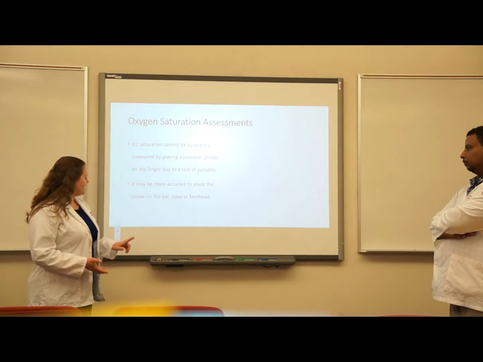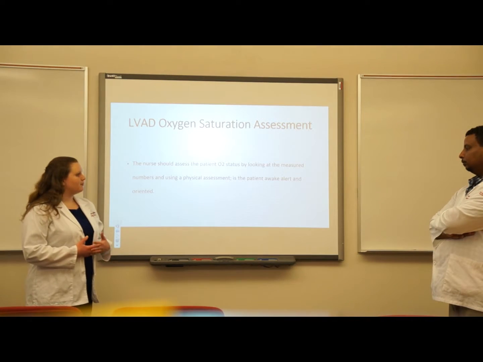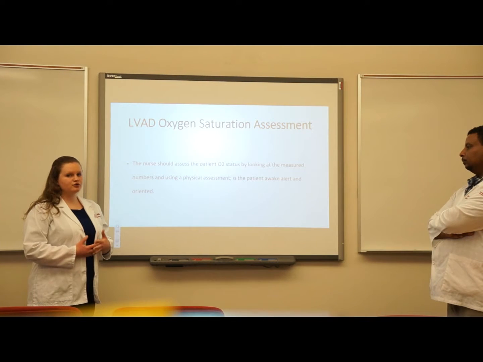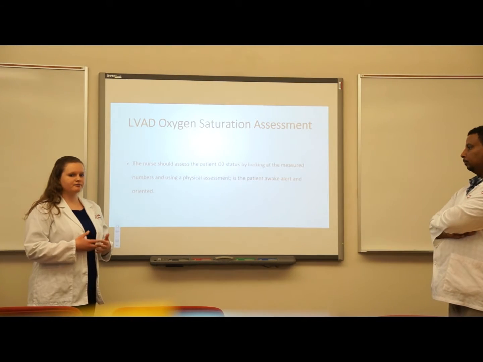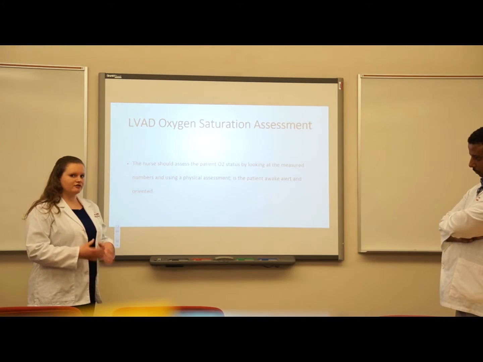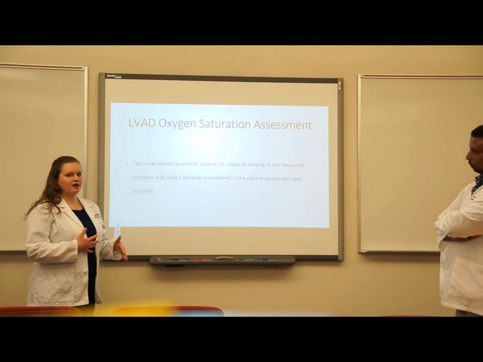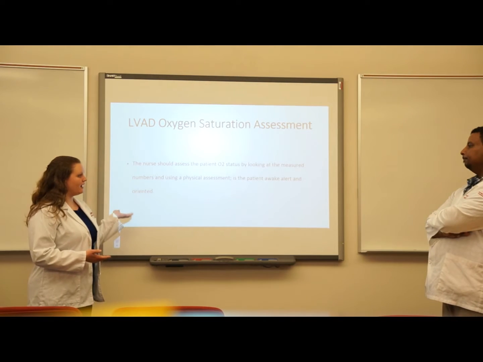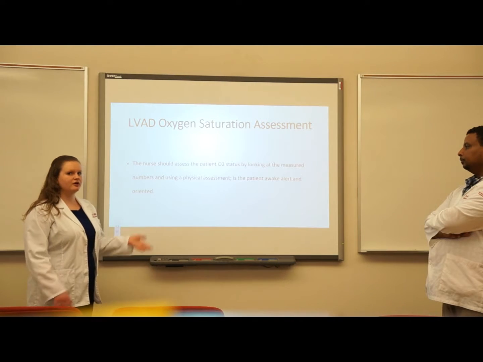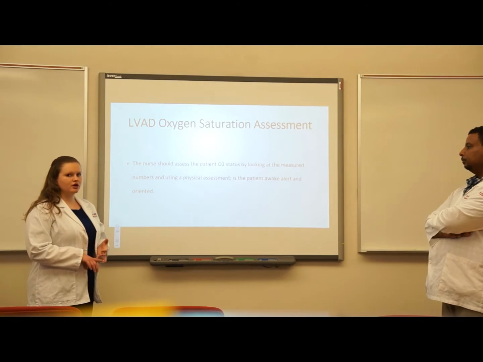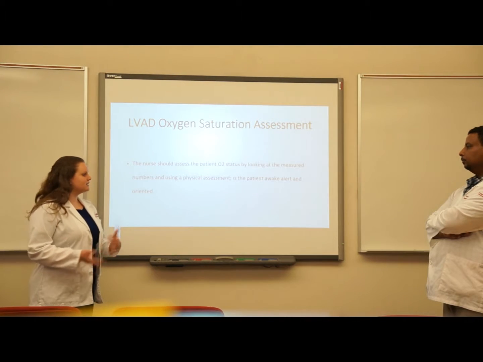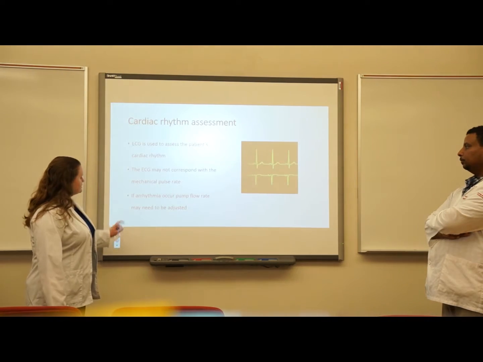The best way to assess an LVAD patient's O2 is to measure their BP, look at what the oximeter is telling you their saturation is, and then evaluate the patient for signs of hypoxia. So if they're breathing, awake, alert, and don't seem hypoxic, then your patient is doing well.